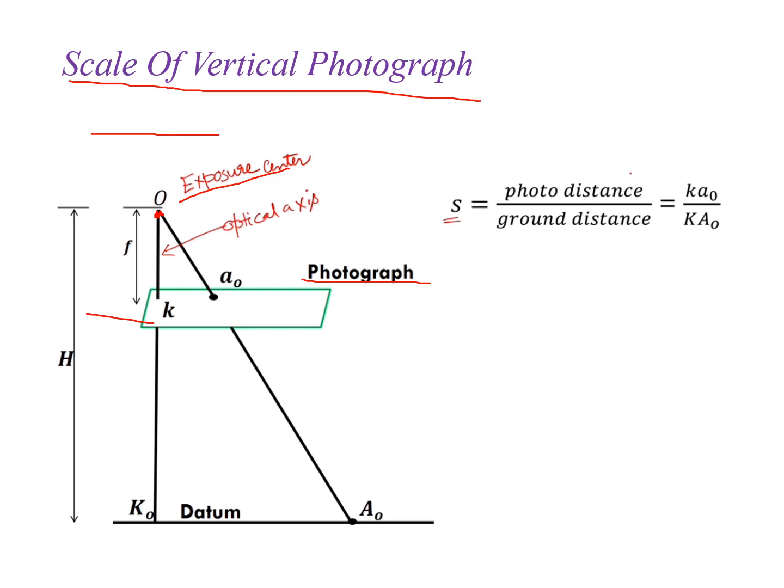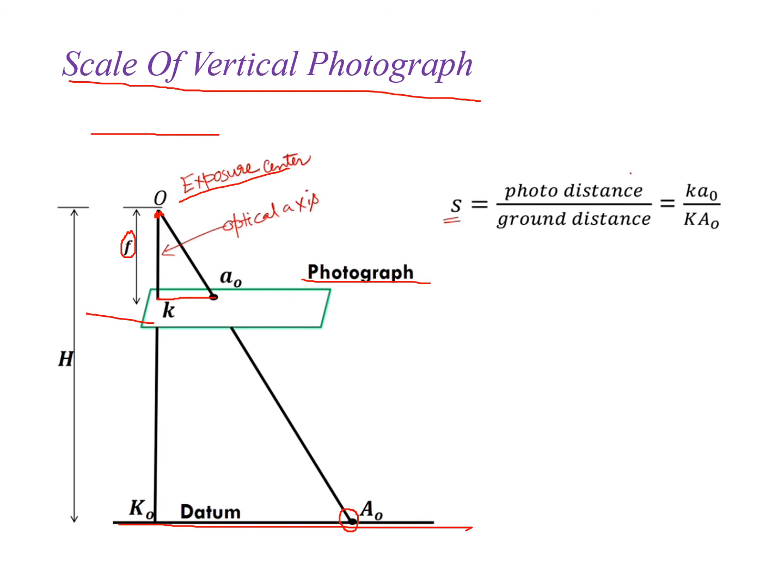Now from this O, if you draw a line up to this plane, this is your focal length f. Let us say there is a datum, it could be mean sea level or any standard platform. On this datum plane we choose any point A0.